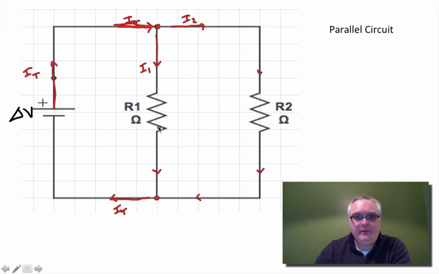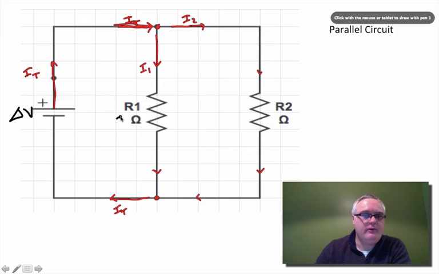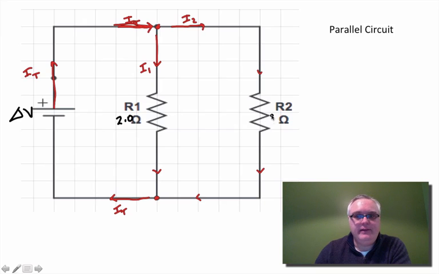But only some of the current passes through this resistor, and the rest of the current goes through this one. So again, if they are 2 ohm resistors and 10 ohm resistors, we can determine the total resistance of these two resistors because we know the relationship. In this case, because I'm creating multiple paths, I'm actually reducing the total resistance.